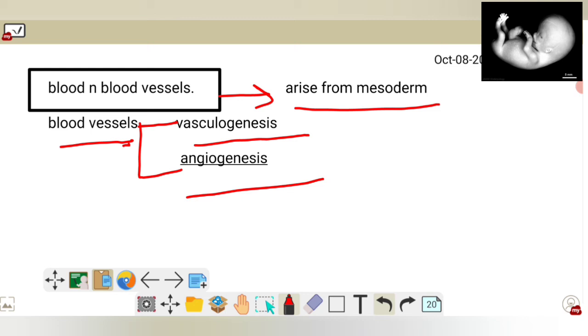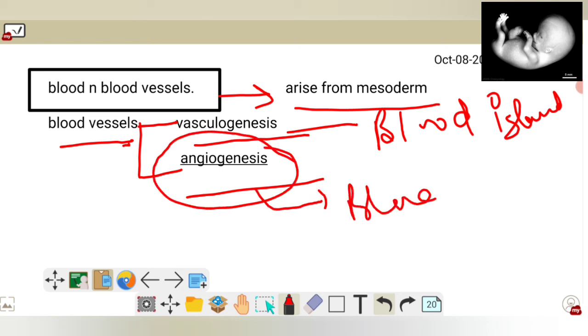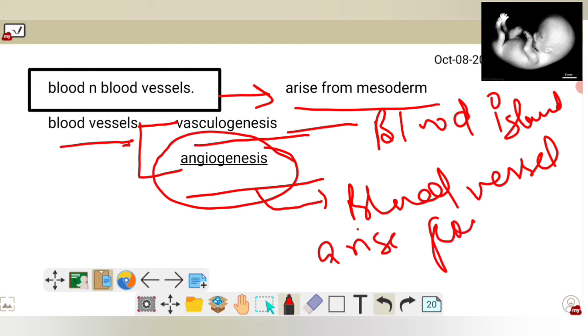Vasculogenesis is when blood vessels arise from the blood islands, directly from the mesodermal cells, and angiogenesis is when blood vessels arise from existing vessels.